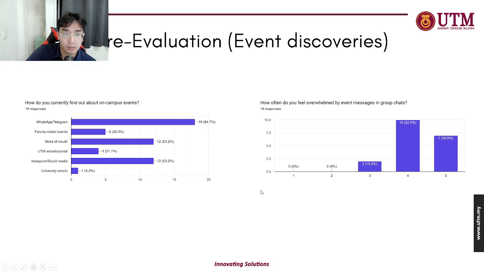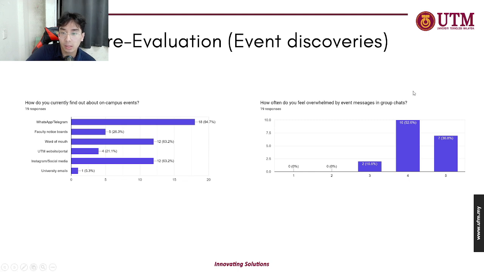I gathered information about how users discover events before my system was implemented, which is that they always use WhatsApp and Telegram, and how often they feel overwhelmed by event messages in group chats.